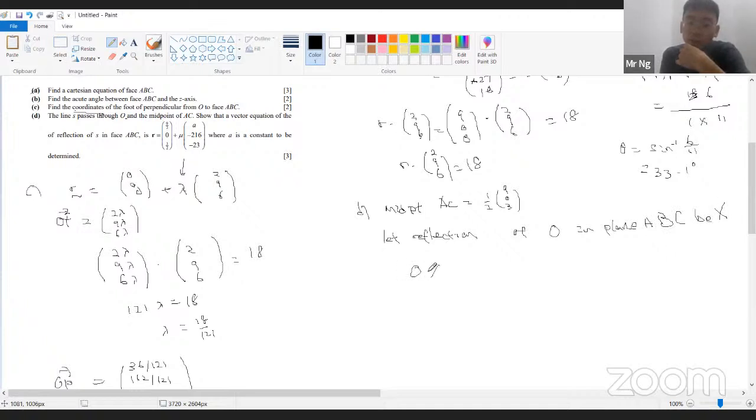So OX is half of 0, 0, 0 plus OX. OX should give you the full perpendicular.